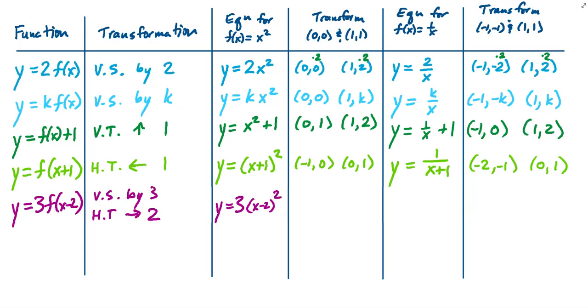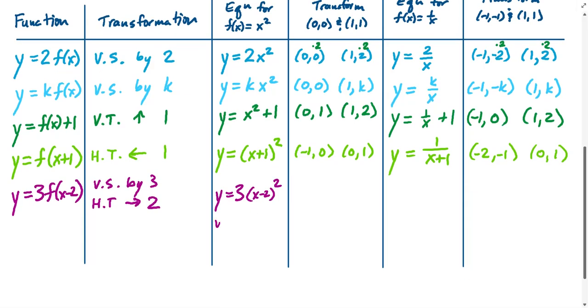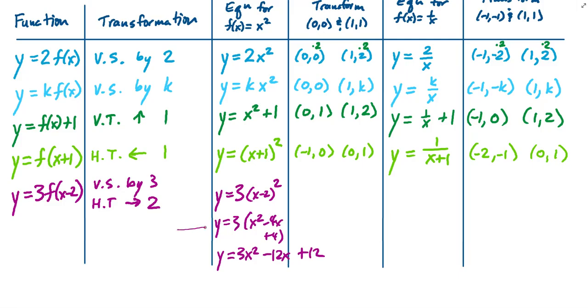You know, like I mentioned earlier, this could be written in a totally different way, right? This could be y equals 3 times x squared minus 4x plus 4. Y equals 3x squared minus 12x plus 12. So we might see that and not recognize at first what's happening. We might see that and factor out a 3 to get to the line above it, and then factor that and say, oh, I see what's happening.